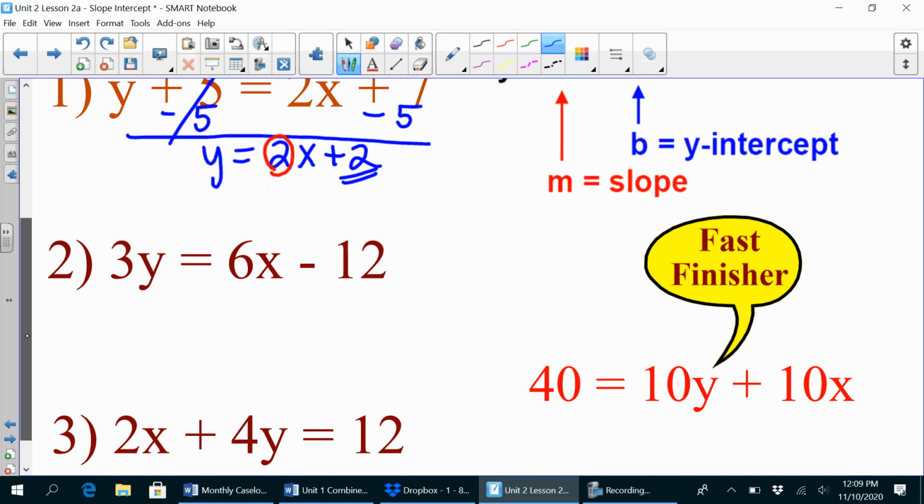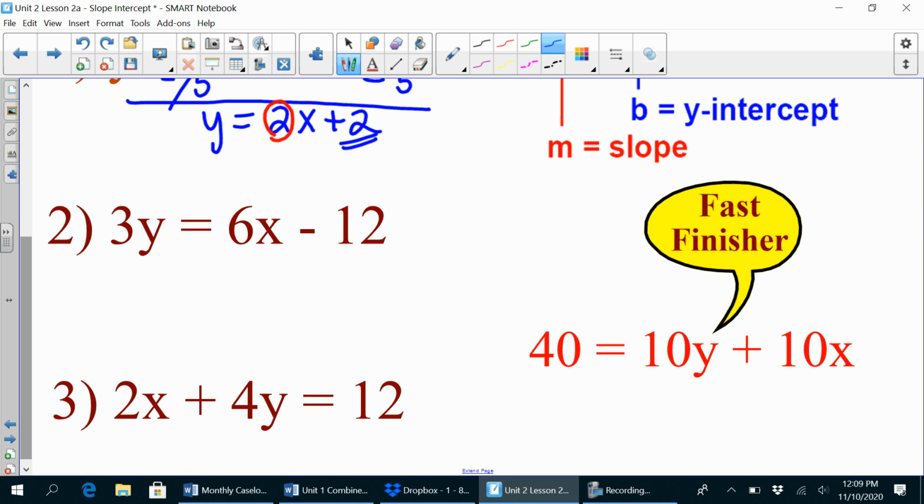Now if we look at the next example, I see that the y is being multiplied by 3, so we want to get it by itself. Using inverse operations, we're going to divide by 3. Whatever we do to one side, we do to the other. This will cancel, giving us 2x minus 4.